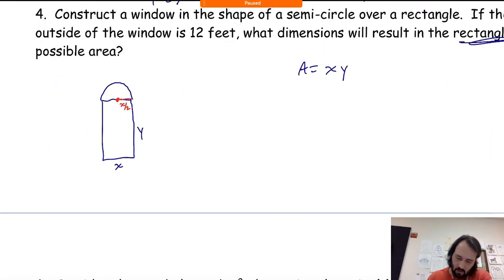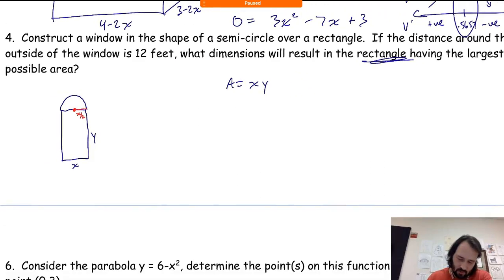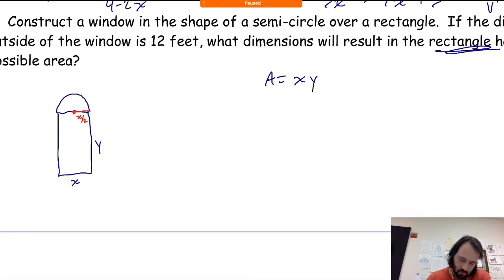So the distance around the outside of the window, this distance here, is 12 feet. So 12 feet is equal to, the circumference of a circle is pi times the diameter, or 2 pi r. Since I'm half of a circle, it's just pi r, so pi times x over 2, plus x plus 2y.